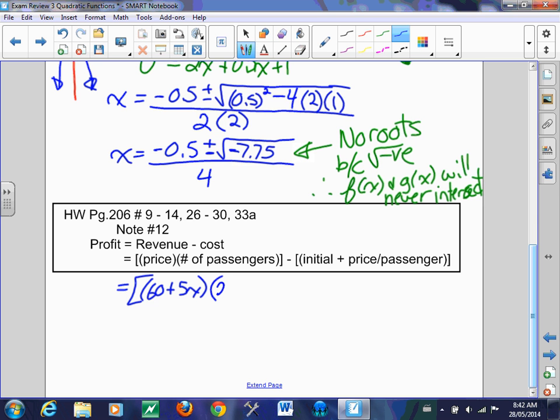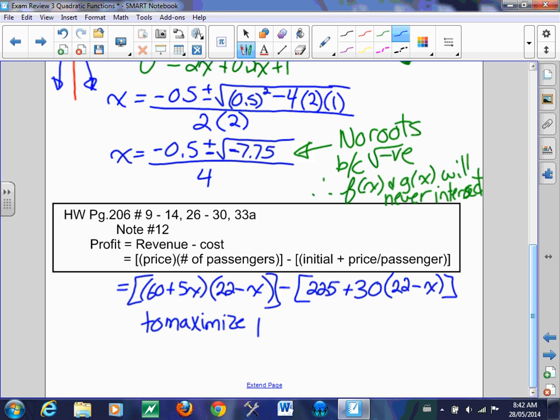Okay, so I think X represents the number of either price increases or something like that. You'll figure it out when you see the example, because I don't have it open in front of me right now. Okay, and then don't forget it says to maximize profit.